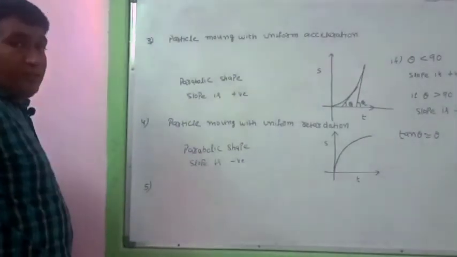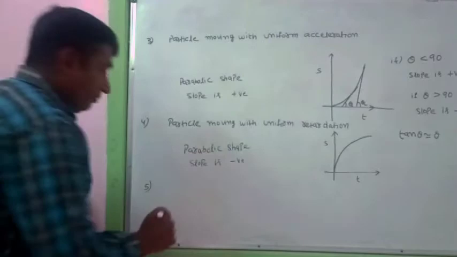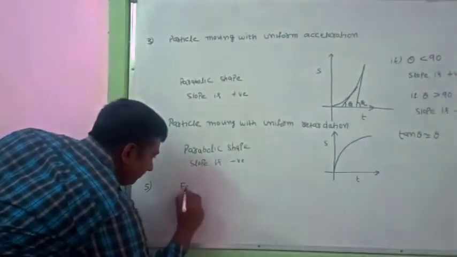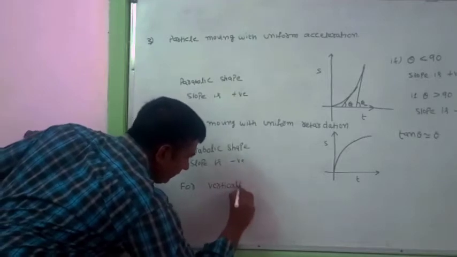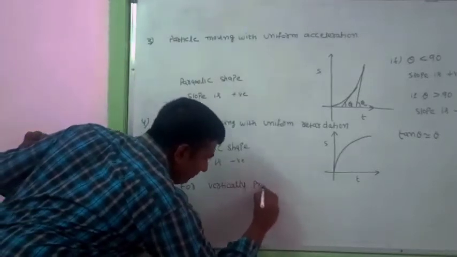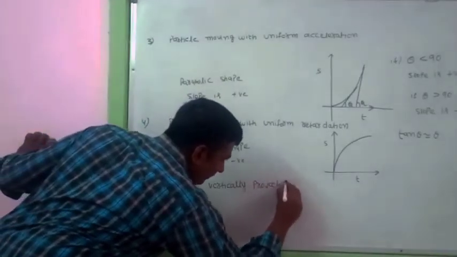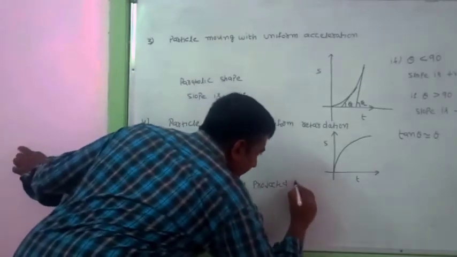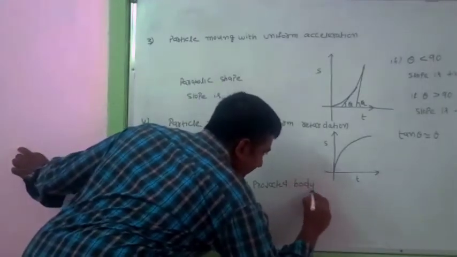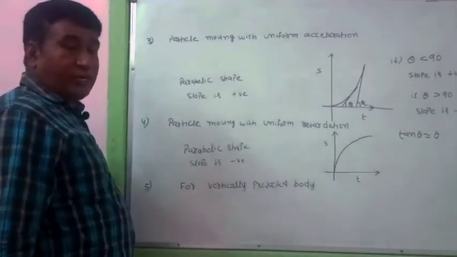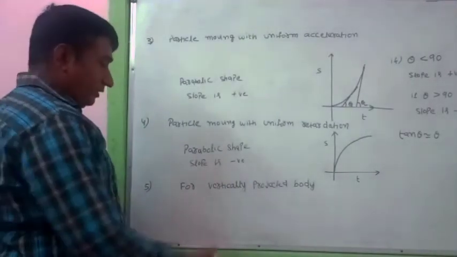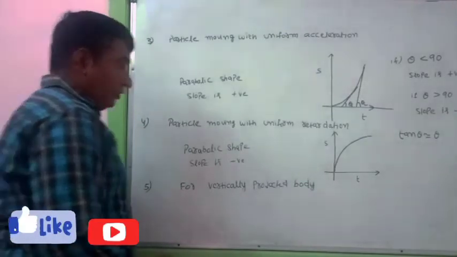Position time graph for a vertically projected body. In the previous class, that's motion under gravity, for quick revision, we discussed this one.